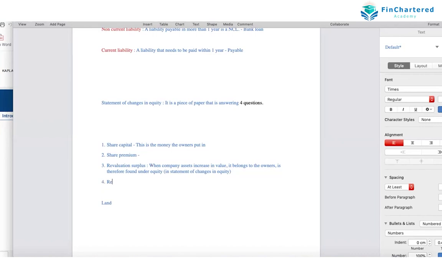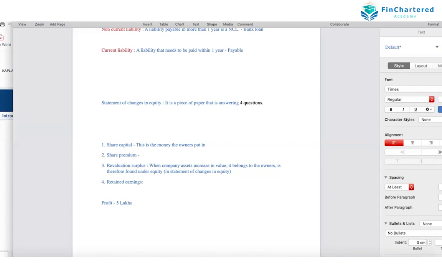And then comes retained earnings. Again, guys, suppose I have a business and I have a profit of 5 lakhs. To whom should this profit go?